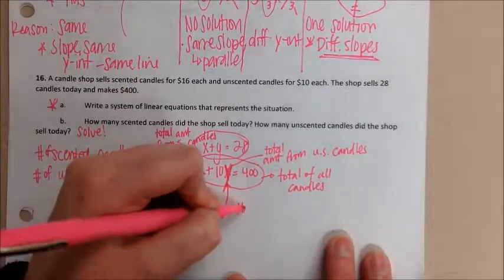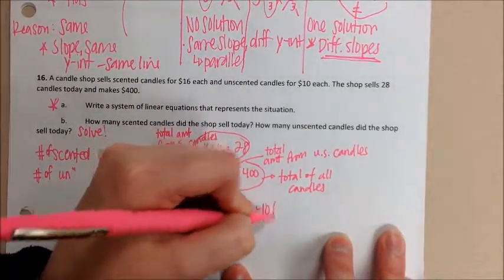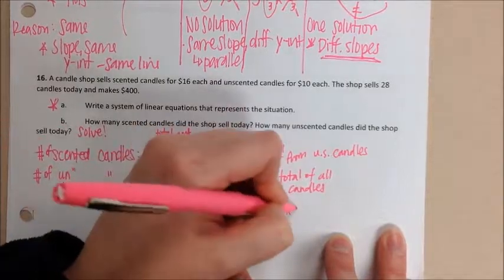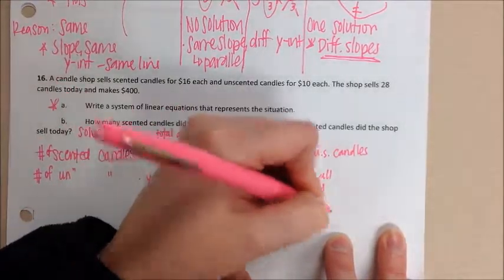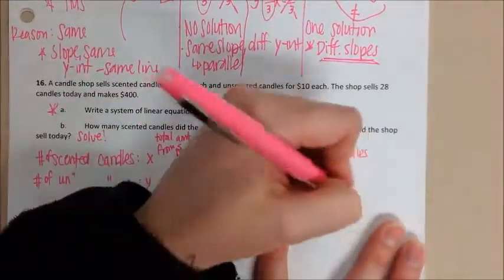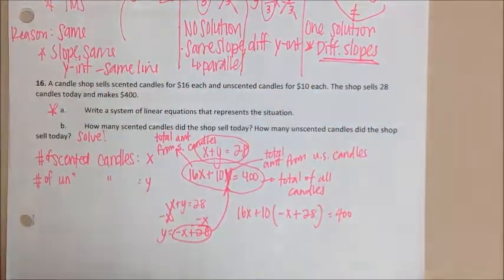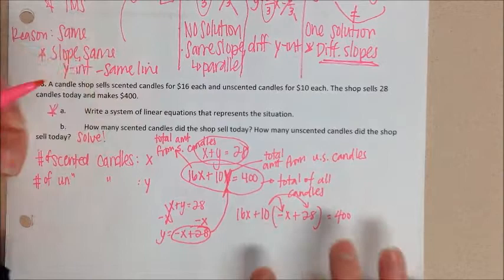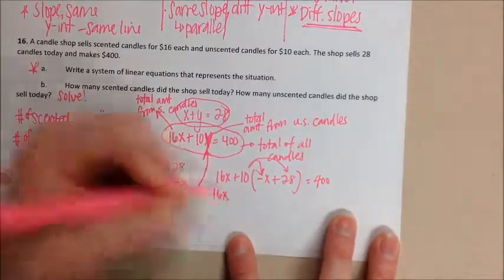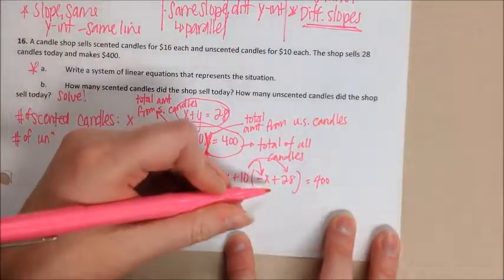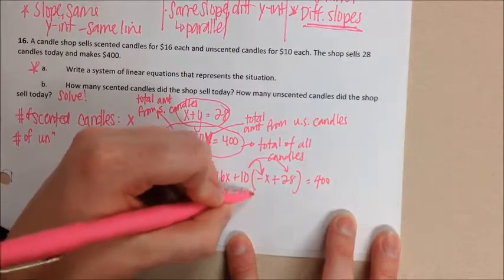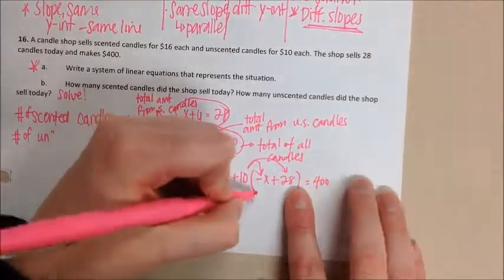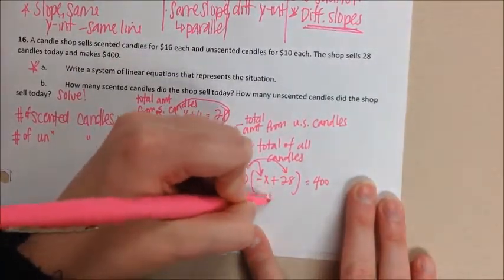So then I have 16x plus 10 times negative x plus 28 equals 400. Okay, so I'm going to distribute that 10 through. So I have 16x, 10 times negative x is negative 10x. 10 times 28 is 280.